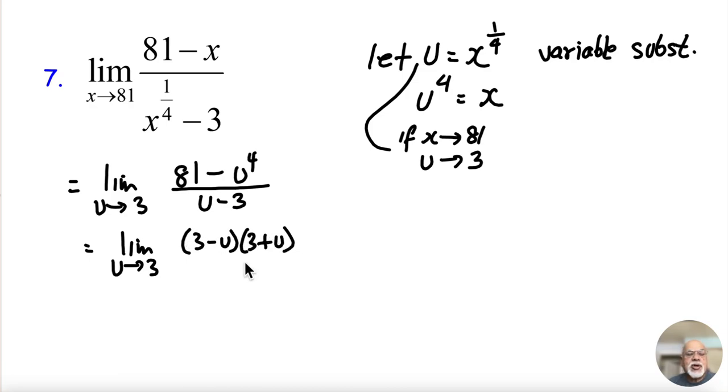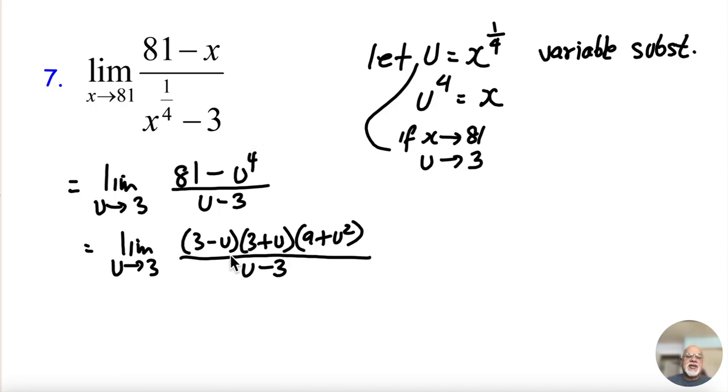That would be the 9 minus u squared. And the other factor would be 9 plus u squared, all over u minus 3.